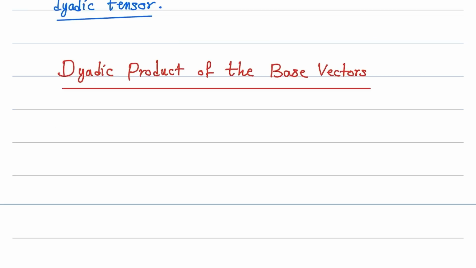The dyadic product of base vectors is crucial as it creates fundamental matrices essential for clearly representing tensors, physical transformations, and vector interactions, simplifying calculations across physics and engineering.